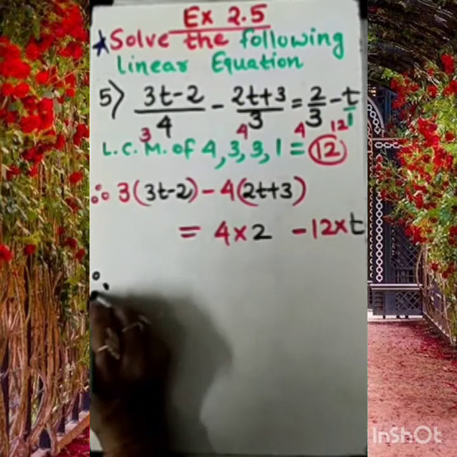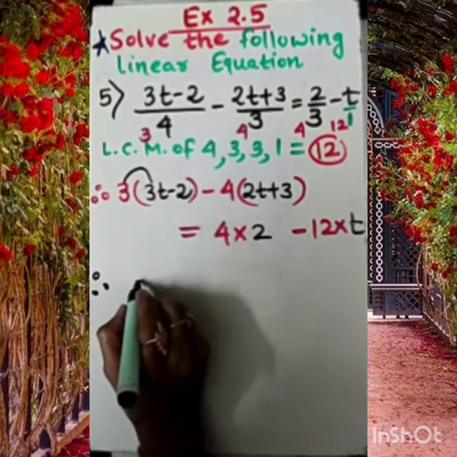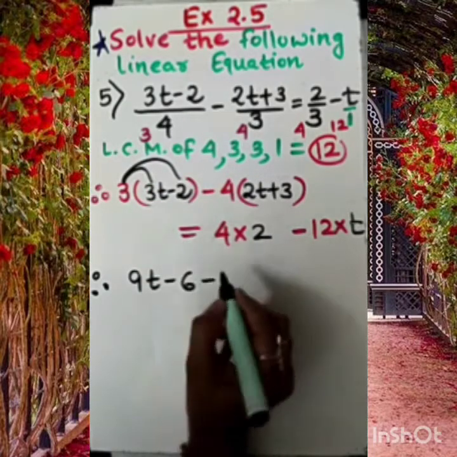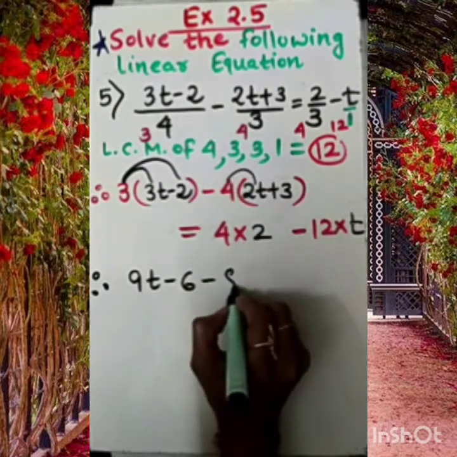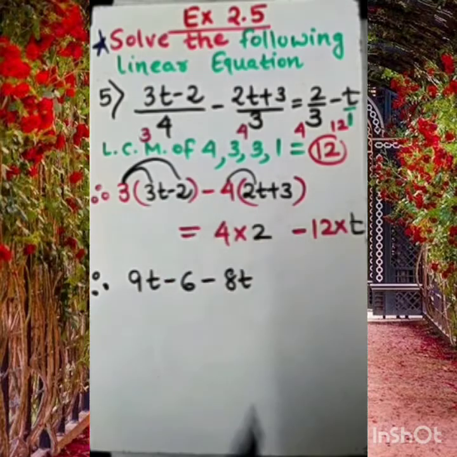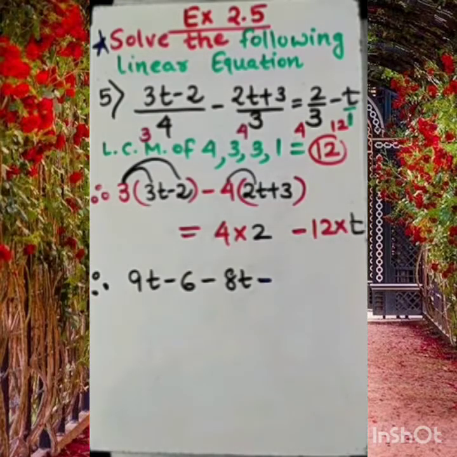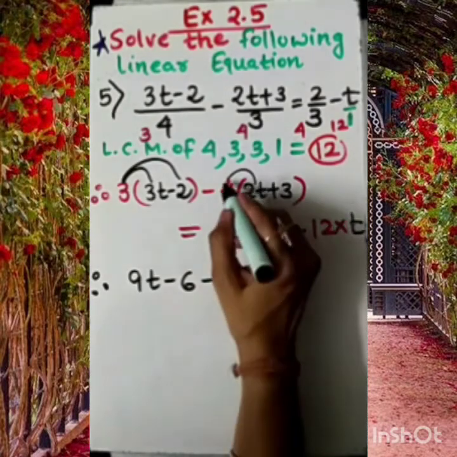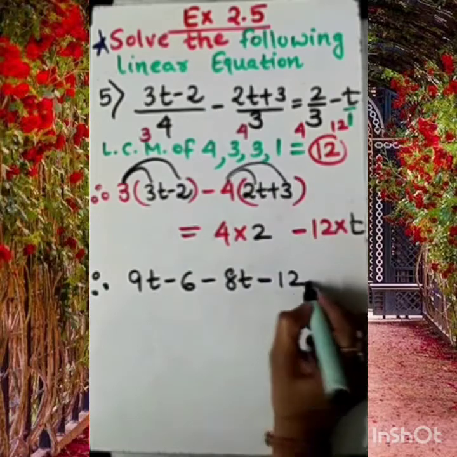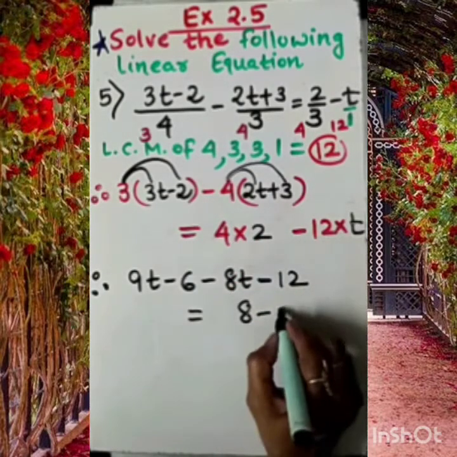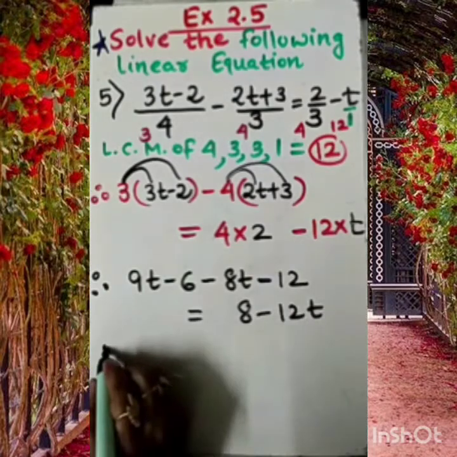Therefore, 3 into 3t is 9t, minus 3 times 2 is 6, minus 4 times 2t is 8t. Because of this minus sign, I need to change the sign. This plus becomes minus. Be careful. This plus becomes minus 4 3s are 12, equal to 4 times 2 is 8, minus 12 into t, that is 12t.